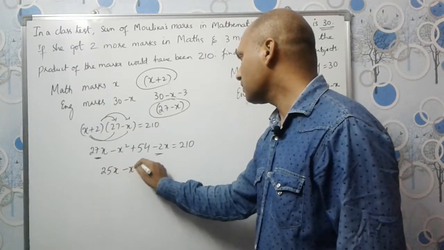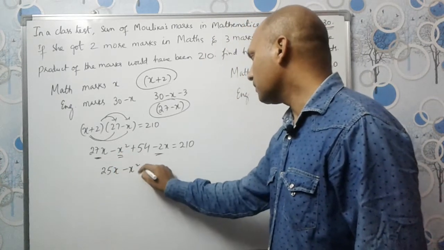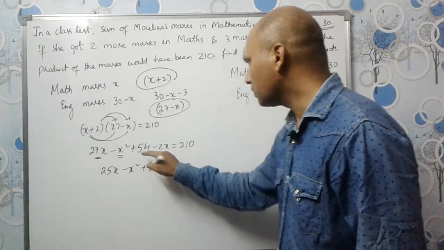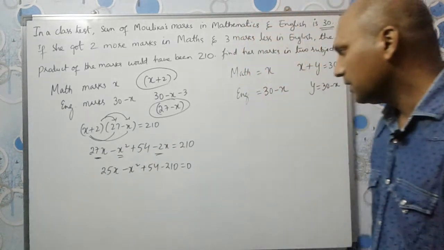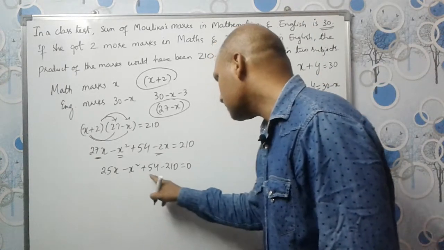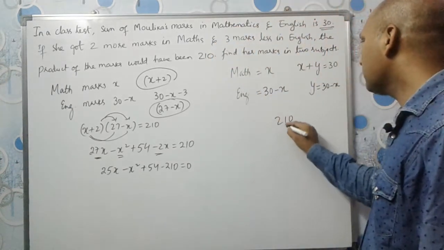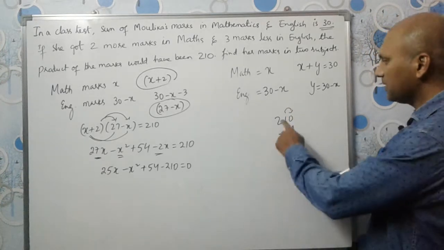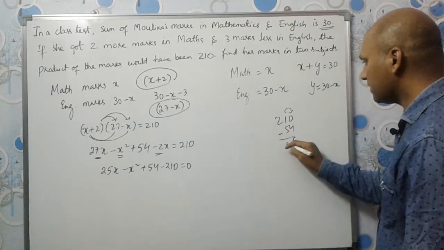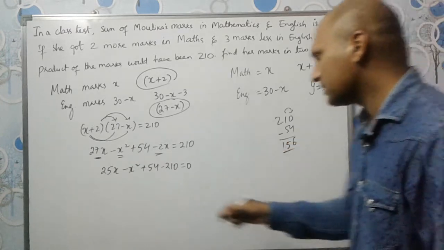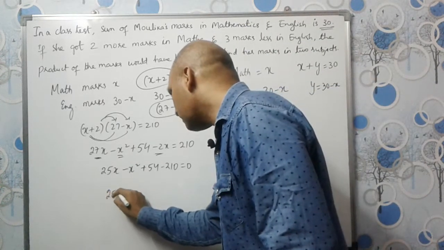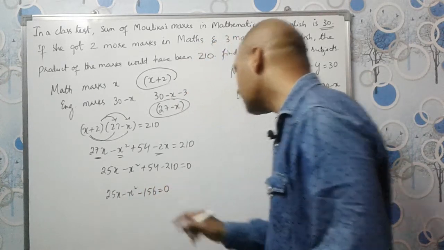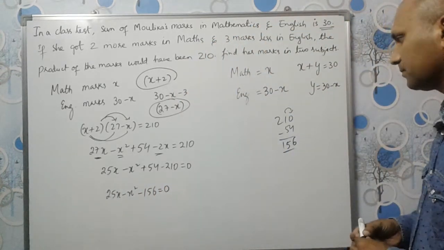We have minus x square plus 25x plus 54 minus 210, sending this 210 to the other side. We need to simplify: 210 minus 54 is 156. So 25x minus x square minus 156 is equal to 0.